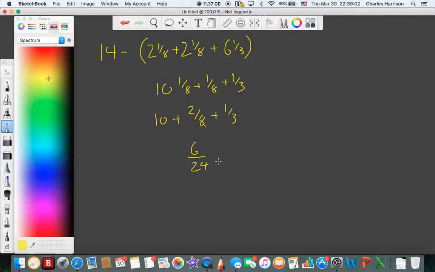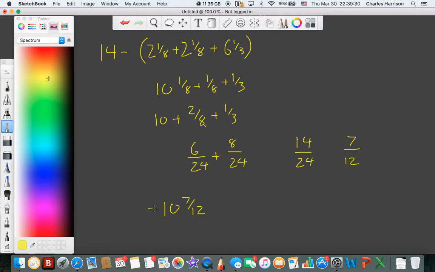And this turns into 8 over 24. So then in the end I get 14 over 24. And I could reduce that by dividing by 2, so that's 7 over 12, right? So it's really 10 7/12, like so.